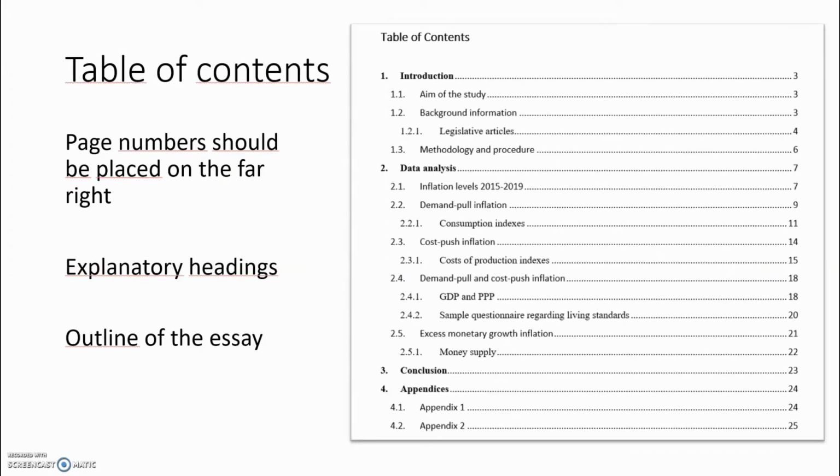Then the table of content should look something like this. Page numbers should be placed on the far right. You should try to make the headings here explanatory so that the reader, just by looking at the table of content, would get a pretty good impression of what's coming: your thesis and your argument and your conclusion, right?